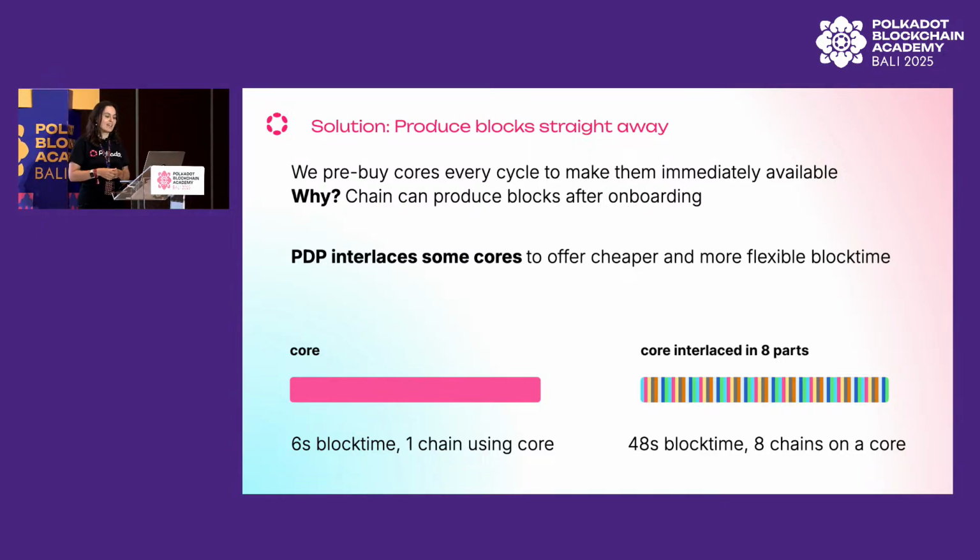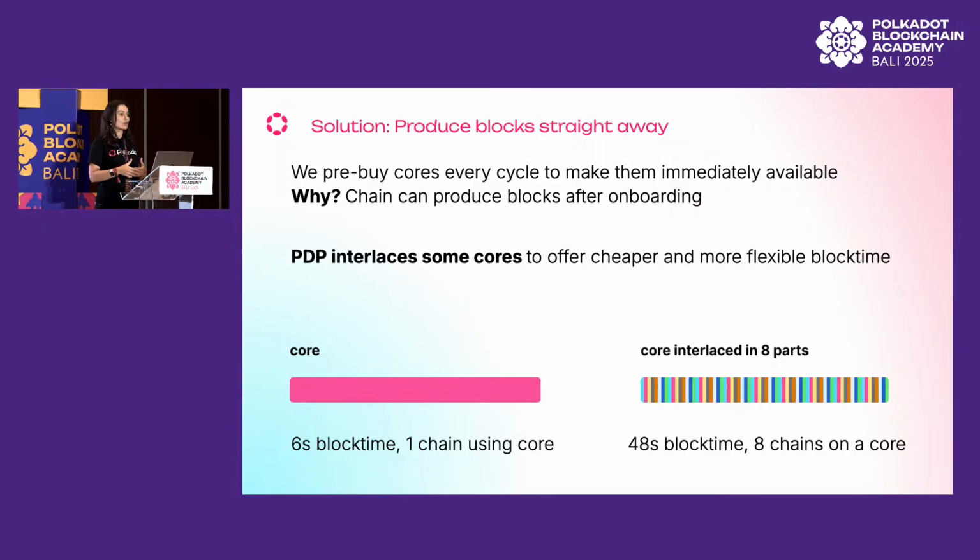And then we're also interlacing cores, which means that this interlaced core can host up to 8 different chains. So 8 different chains can use this core. The number 8 is what we decided, interlaced in 8 parts. It can be interlaced in more parts, but of course, the more parts it's interlaced in, the slower the block production is going to be. So for 8 chains on a core, you have 48-second block time.